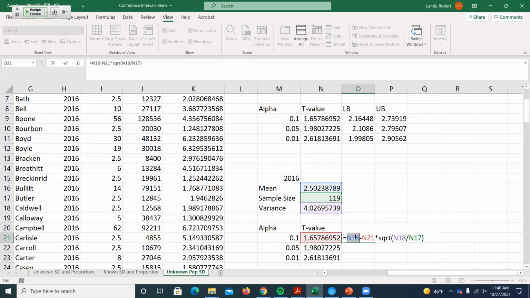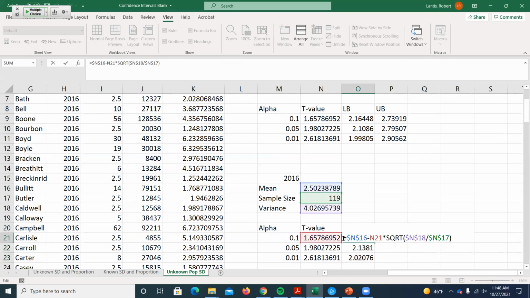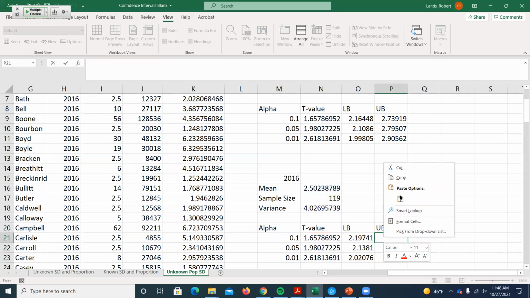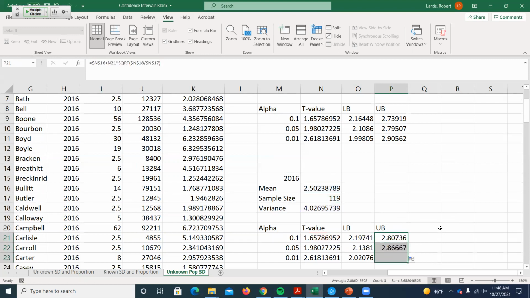Oops. I can flub these keys. So just to have something here, I'll copy this, paste it, add my margin of error to get my upper bound instead of subtracting it to get my lower bound.